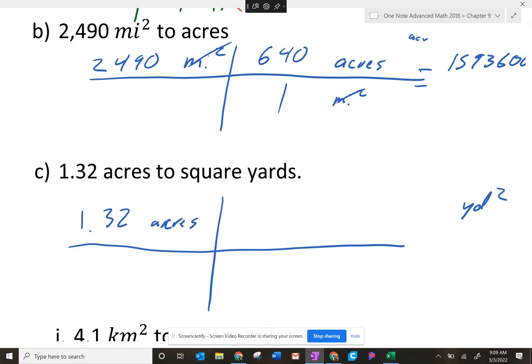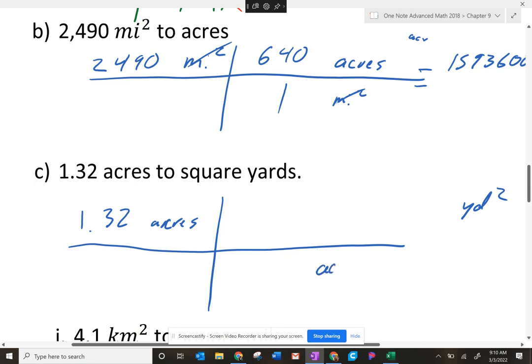What are some ways that we can get to square yards from acres? These ones aren't in that chart. It's on page 530. So yes, we can go to feet squared and then yard squared. The other option would be to go to miles squared and then change miles down to feet squared. But I like the idea of going from feet squared into yard squared.